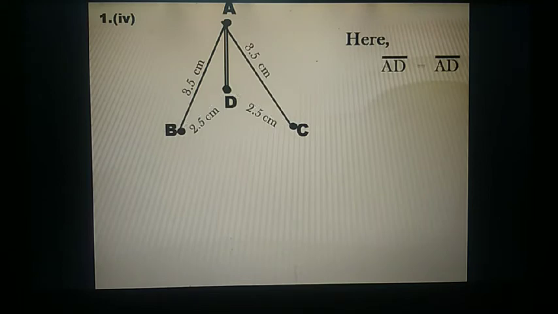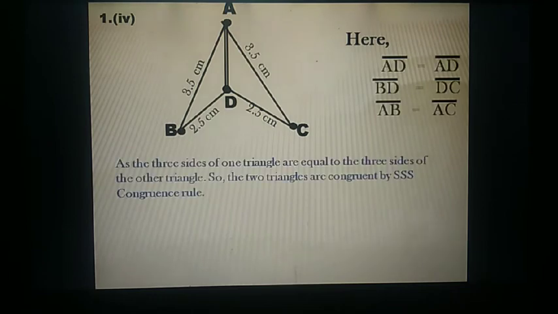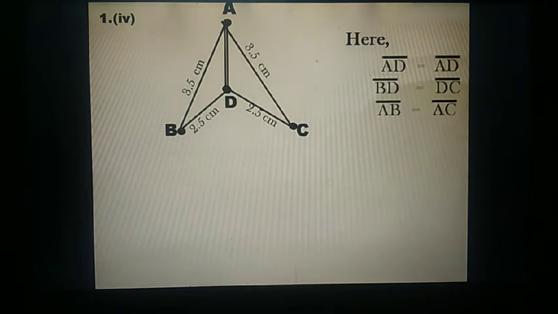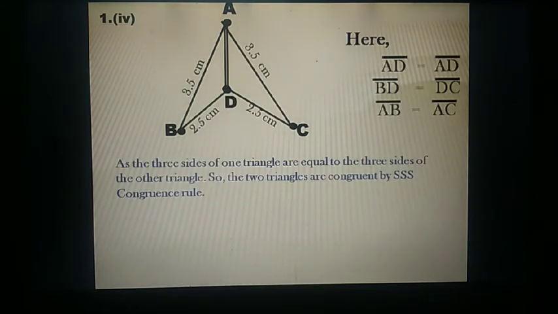Next, BD and DC have the same length. Next, AB and AC have the same length. Again, as the three sides of one triangle are equal to the three sides of the other triangle, the two triangles are congruent by SSS congruence rule.